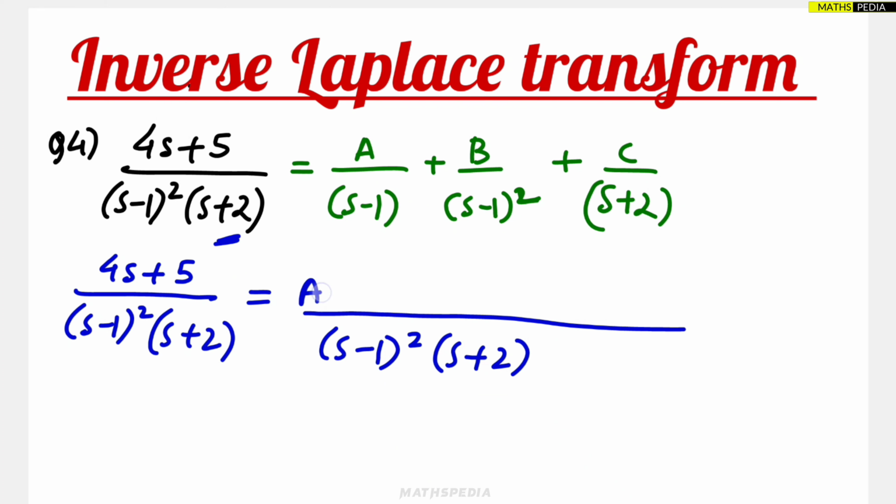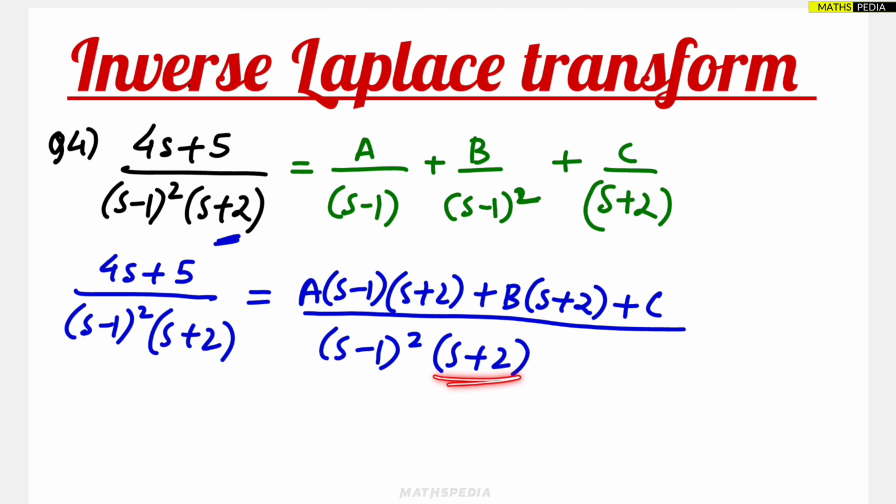So you have to multiply A with (s minus 1) and (s plus 2), plus B. Here (s minus 1) squared is already there, so you have to multiply with just (s plus 2), plus C into (s plus 2), which is already sitting there, so we multiply with (s minus 1) squared. Done. Now the LHS and RHS denominators will get cancelled. What is the remaining thing you are getting?